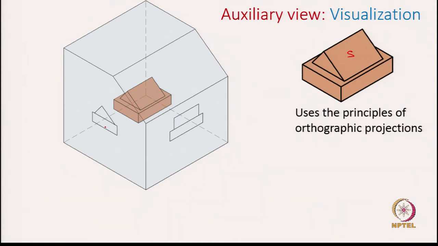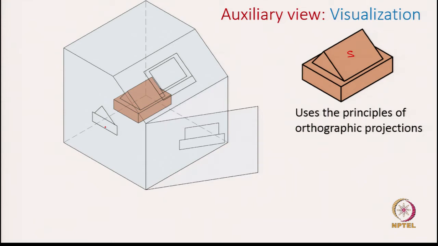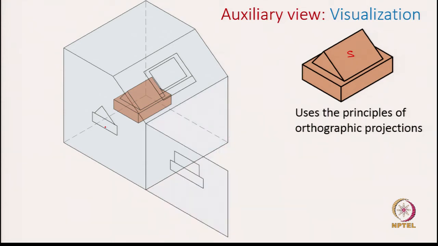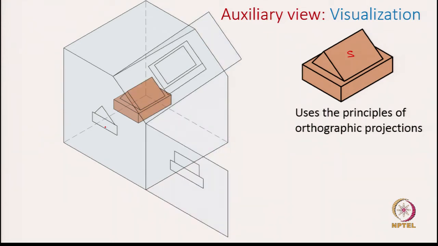We already have an auxiliary plane which is parallel to the surface of interest. We just need to use the projectors, and using these projectors we draw the auxiliary view. Okay. Once we draw the auxiliary view, the next thing is to open the box such that all views are on a single plane. So, first let us open the side view and then let us open the auxiliary view.